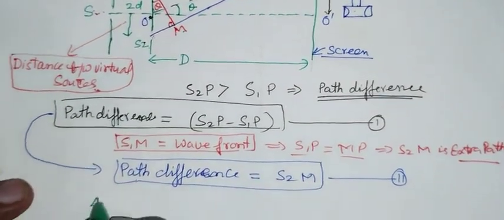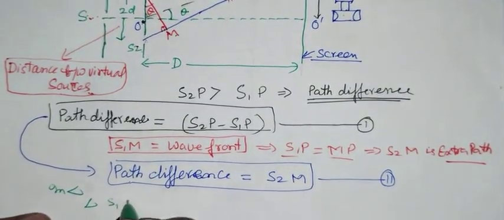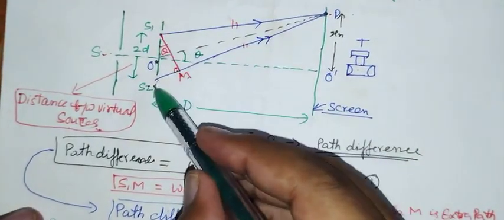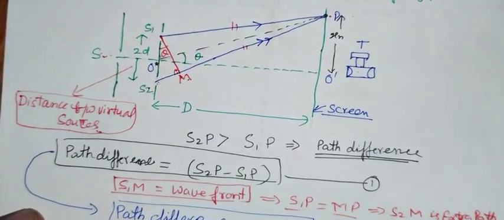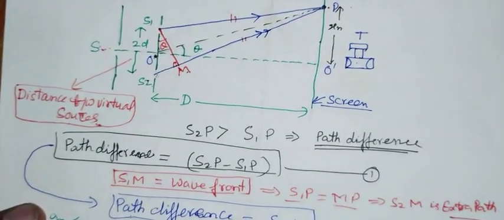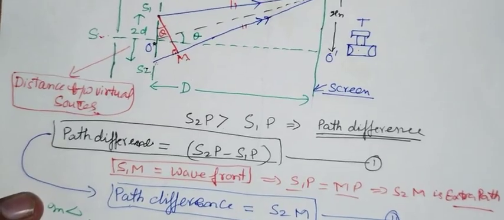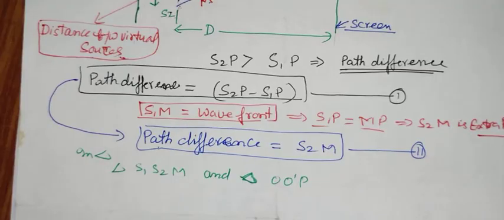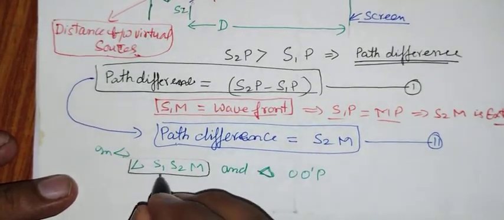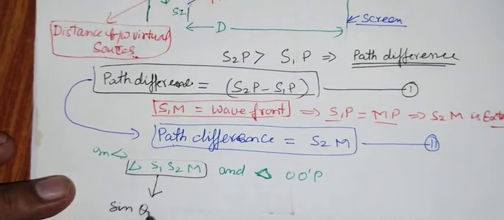The triangles are triangle S1 S2M and triangle O dash P. In both triangles, first of all we are going to select this triangle. Why this triangle? We want to see the value of sin theta.